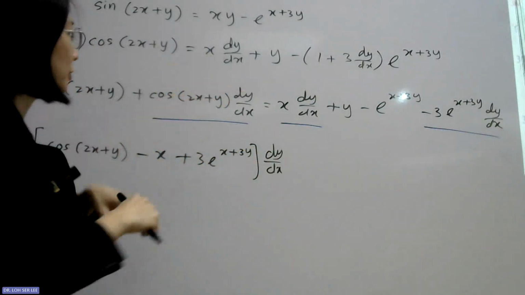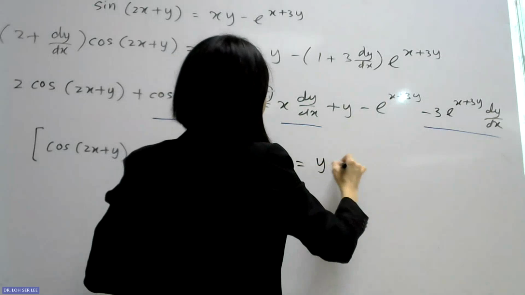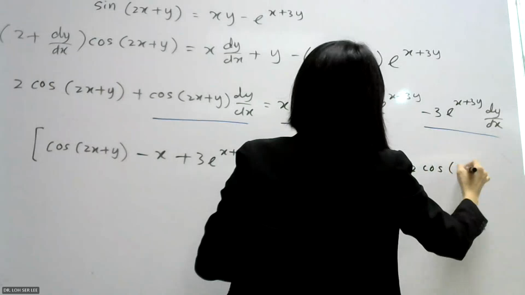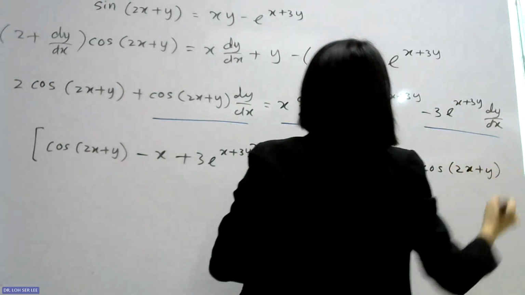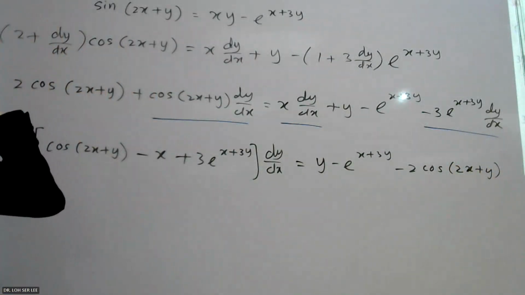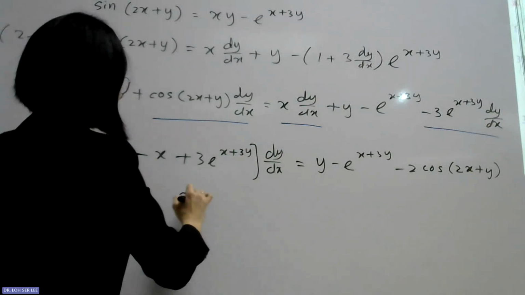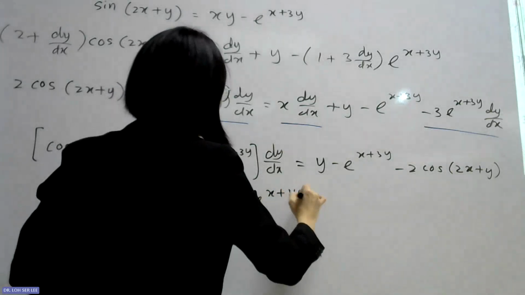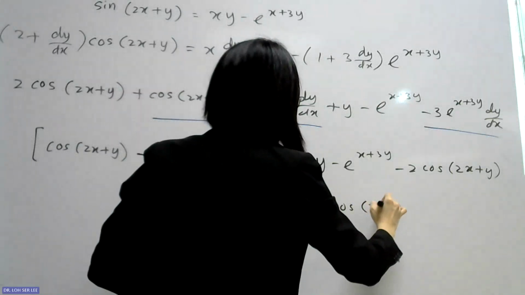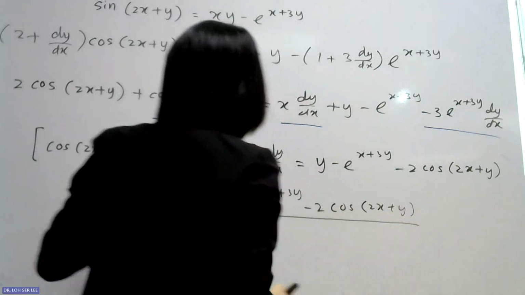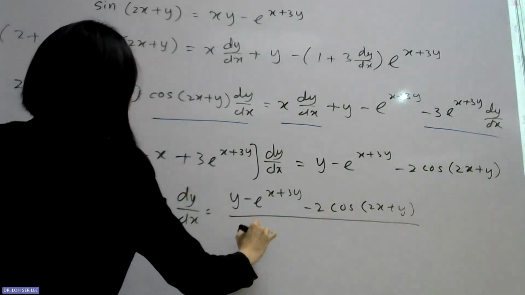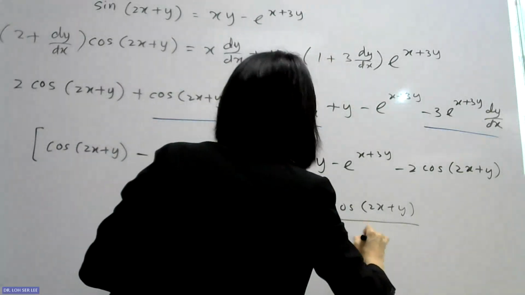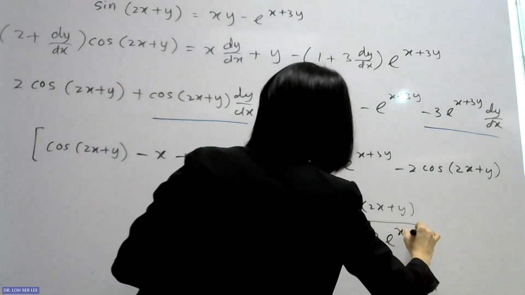Then this term moves to the right. So you have y minus e^(x+3y) minus 2 cos(2x plus y). Okay, then we can get dy dx. That means this one y minus e^(x+3y) minus 2 cos(2x plus y) divided by all this. cos(2x plus y) minus x plus 3e^(x+3y).